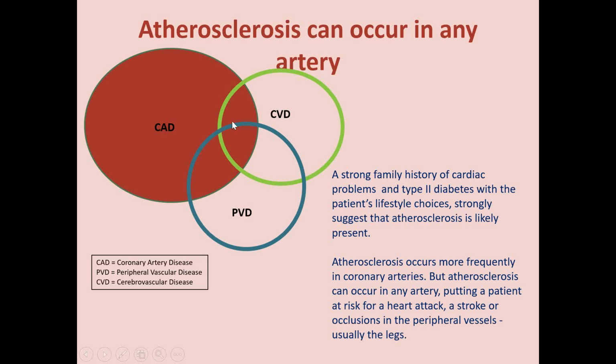You can see that right here, if I drew this correctly, this overlap should actually be all red, and this is where the link is strong. You can actually have all three diseases, but you can anticipate in many patients that if they have one, they likely have diseased arteries in other places of the body.